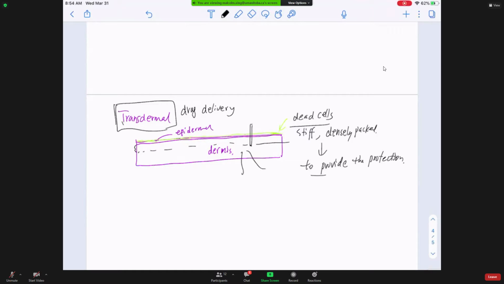Nerves or blood vessels are never really touched by the needle. So that's transdermal drug delivery, and it's not painful. That's good for lots of people.